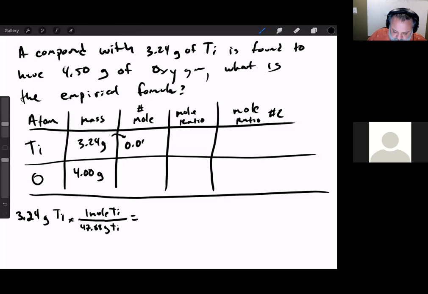So that's 0.067. Any more sig figs there that we're dropping off?